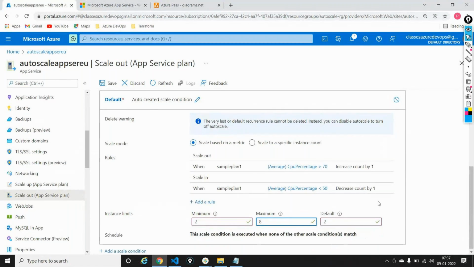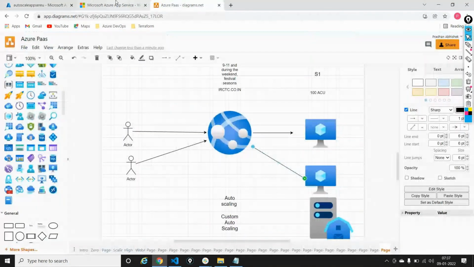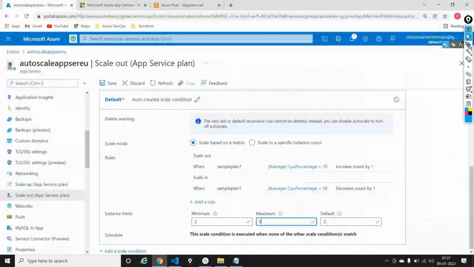I am telling it to have 2 instances by default, and scale in and scale out according to the load or the capacity that you have. That's it. This is what I'm telling the system to do right now.